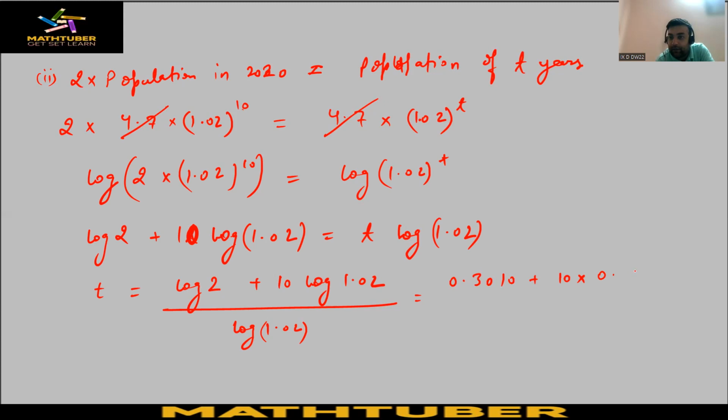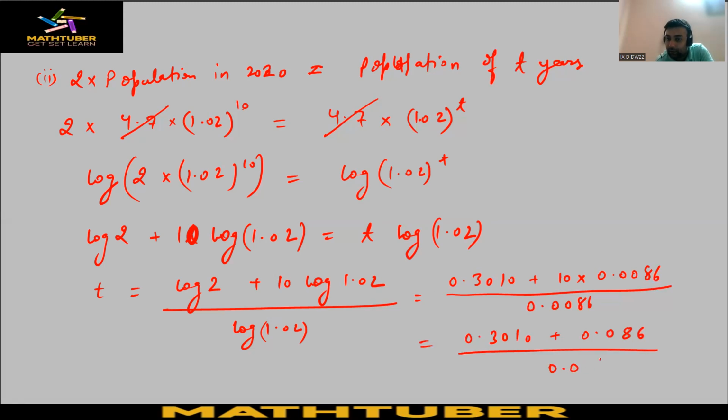So it will be 0.3010 plus 0.086 upon 0.0086, and if we add these, you will get 0.3870 upon 0.0086.